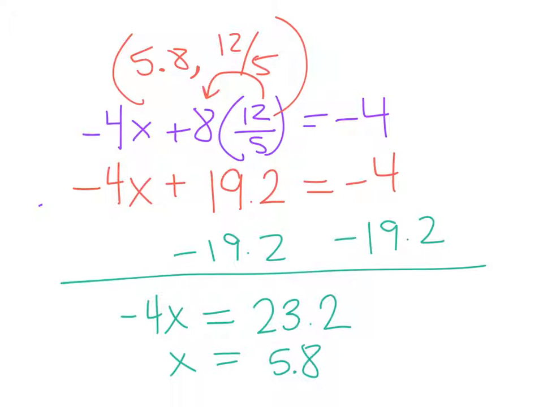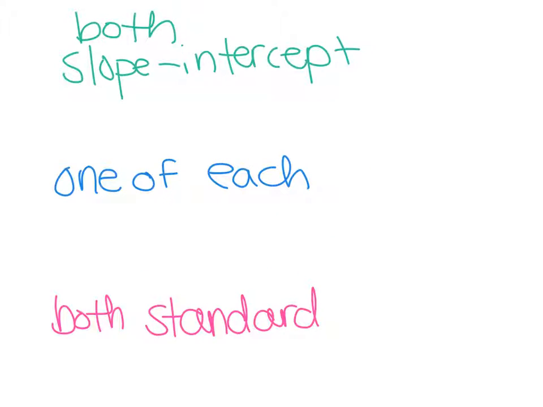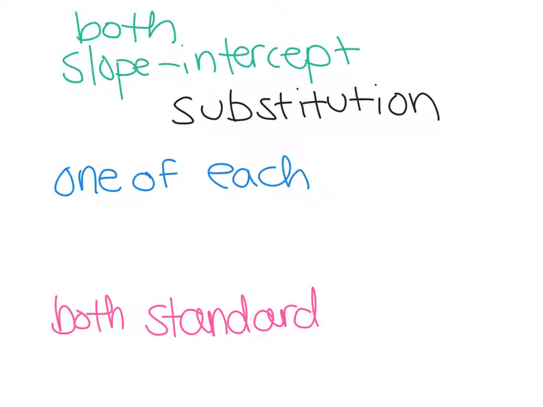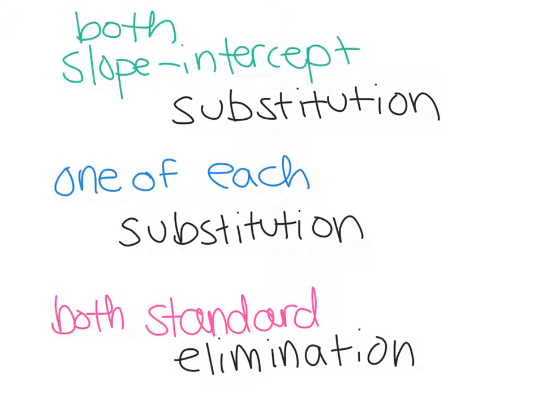So let's recap. If both equations in your system of equations are in slope-intercept form, you want to use substitution.